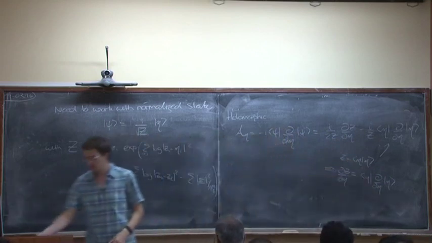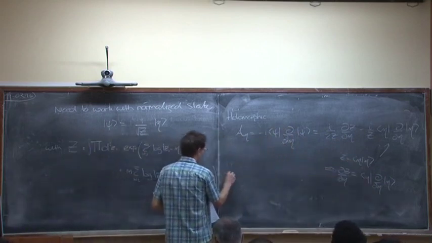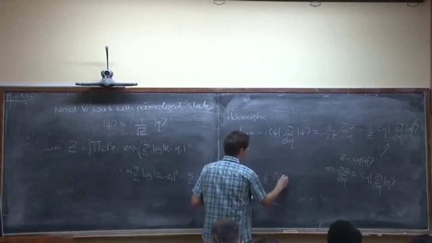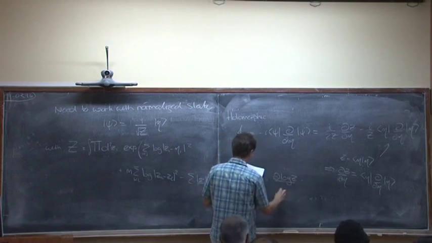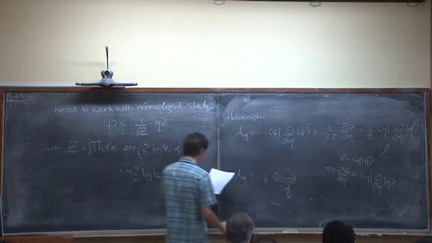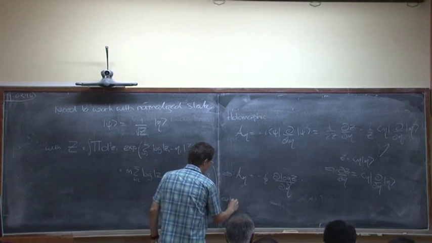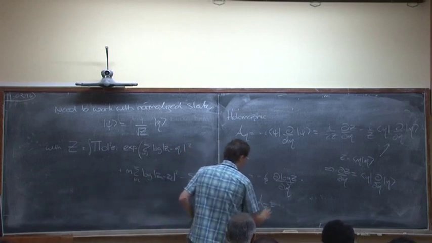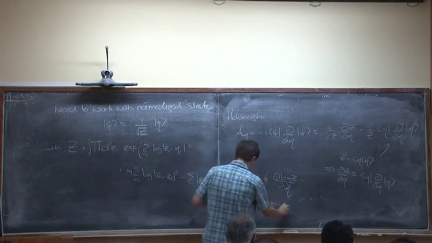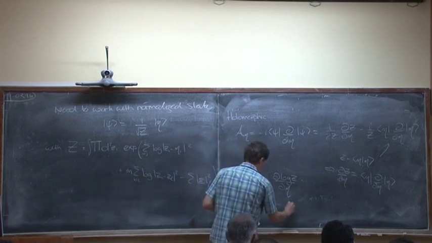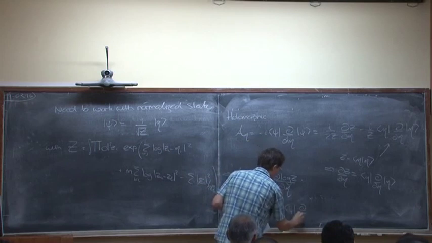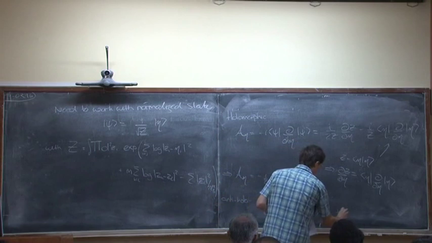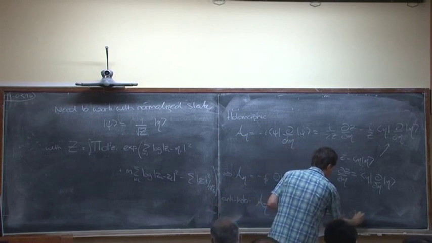So this means that this holomorphic part of the wave function you can write in terms of the log of the partition function with respect to eta. And the anti-holomorphic part you can also write as the log with a plus sign instead of a minus sign.